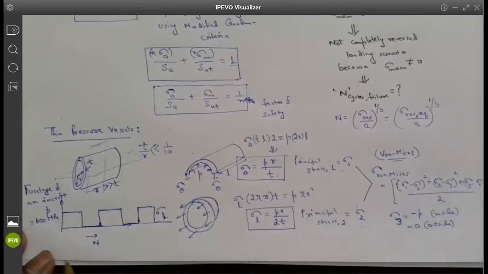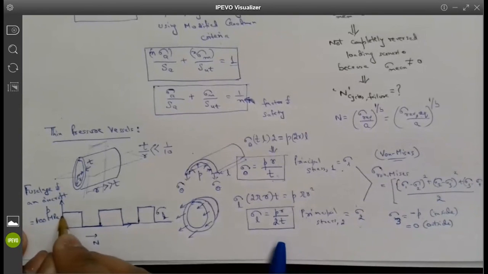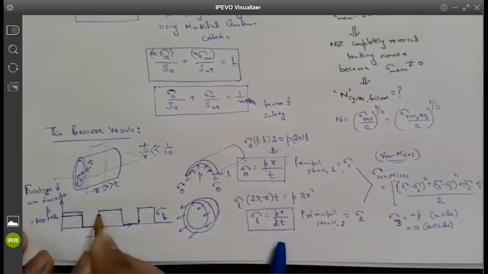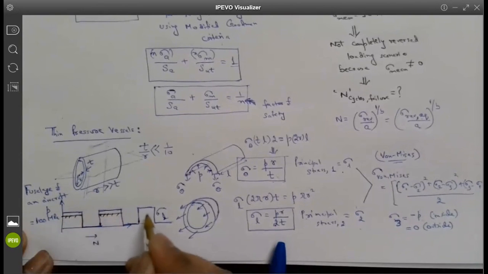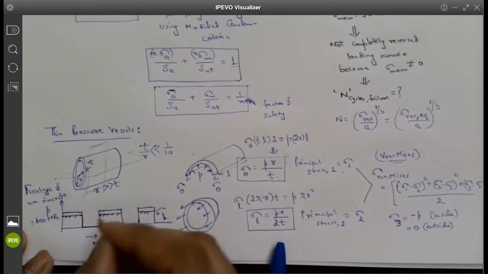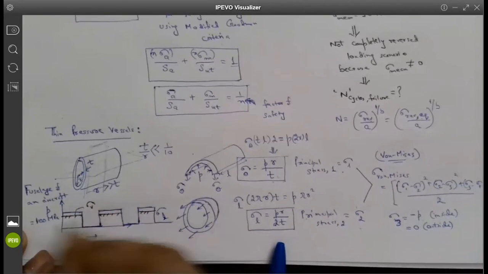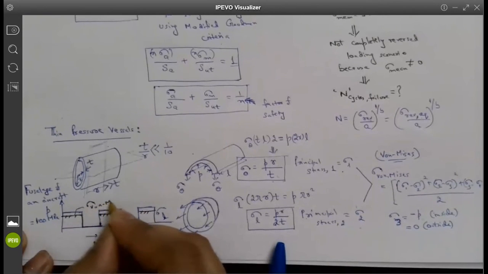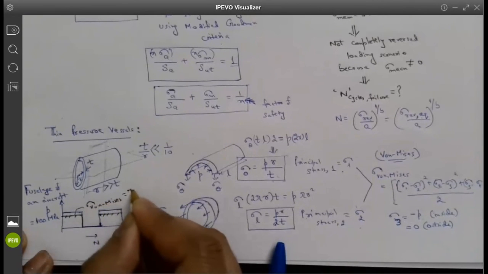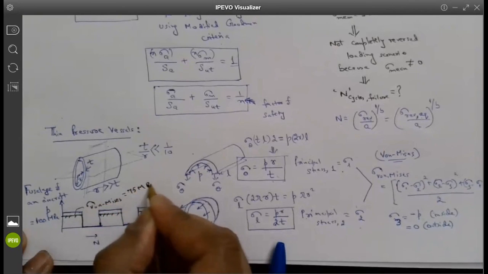So von Mises stress varies like this, the same function. Let's say it's dotted. So this is your von Mises stress corresponding to this pressurization cycle, and von Mises maximum is 75 megapascals.